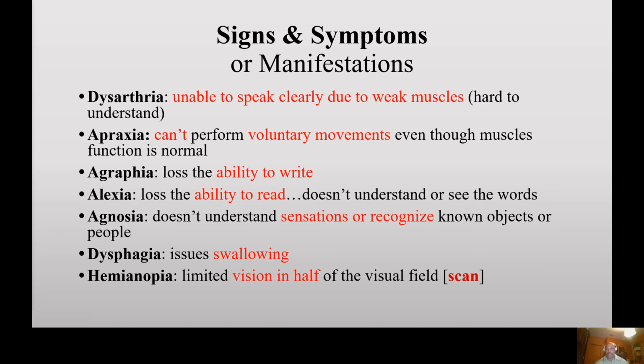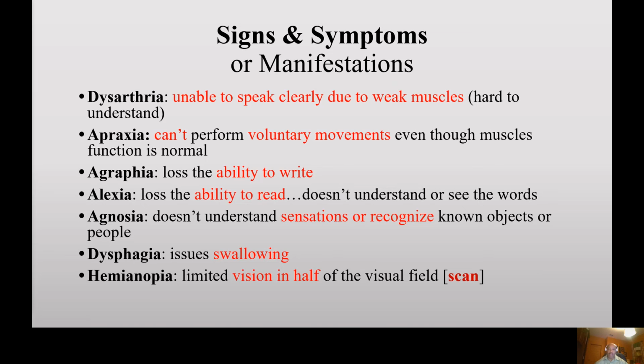And just go ahead and take a look at these other definitions. Again, dysarthria, unable to speak clearly due to muscle weakness. They're basically hard to understand. Apraxia, where you can't perform voluntary movements, even though muscle function is normal. Also, there's agraphia, loss of the ability to write, alexia, a loss of ability to read, and doesn't understand or see the words.